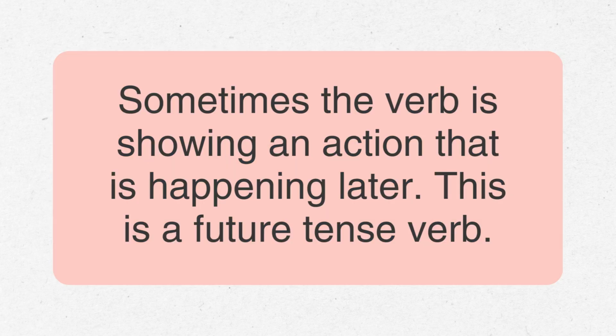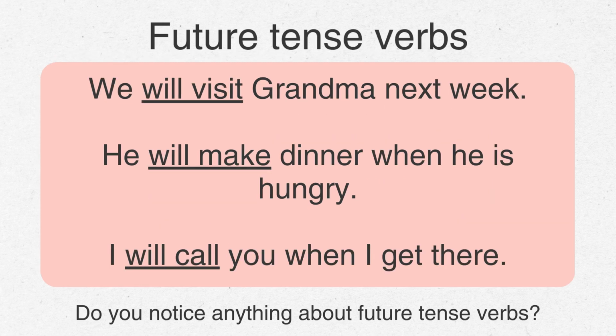Sometimes the verb is showing an action that is happening later. This is a future tense verb. Let's look at some examples of some future tense verbs. We will visit Grandma next week. Will visit is our verb that shows that it's in the future and it's the action in the sentence.